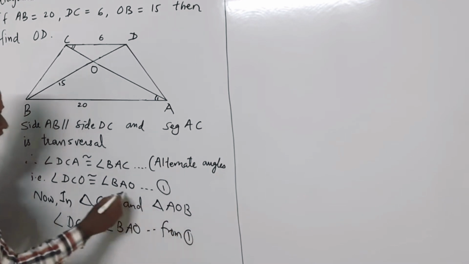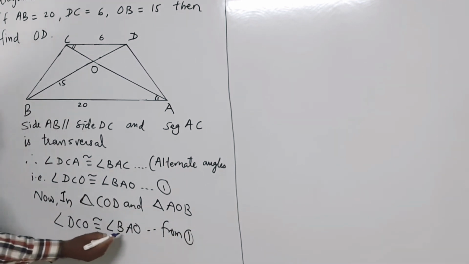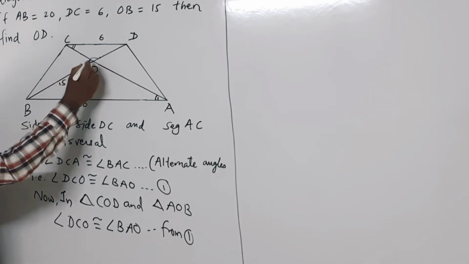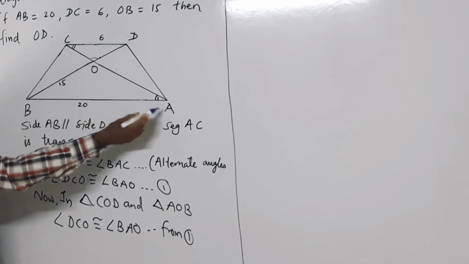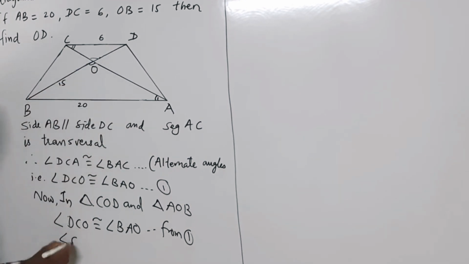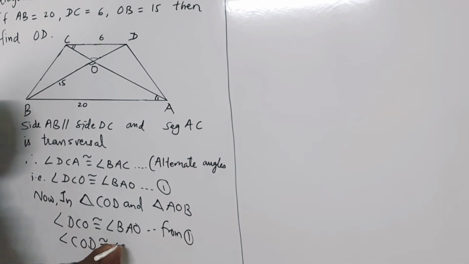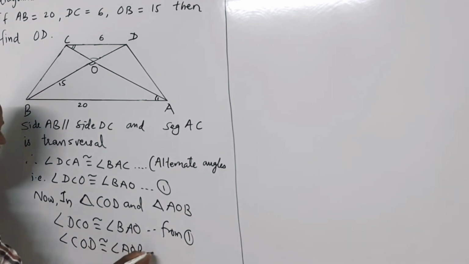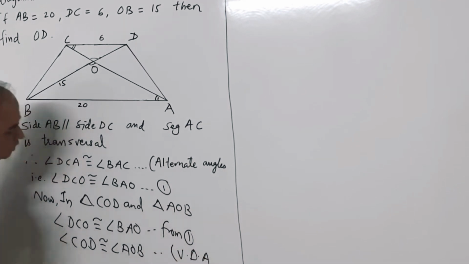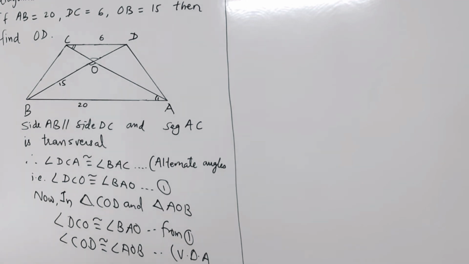From statement number 1 we have proved that DCO is congruent to BAO. Then angle COD is congruent to angle AOB, vertically opposite angles. Vertically opposite angles are congruent.